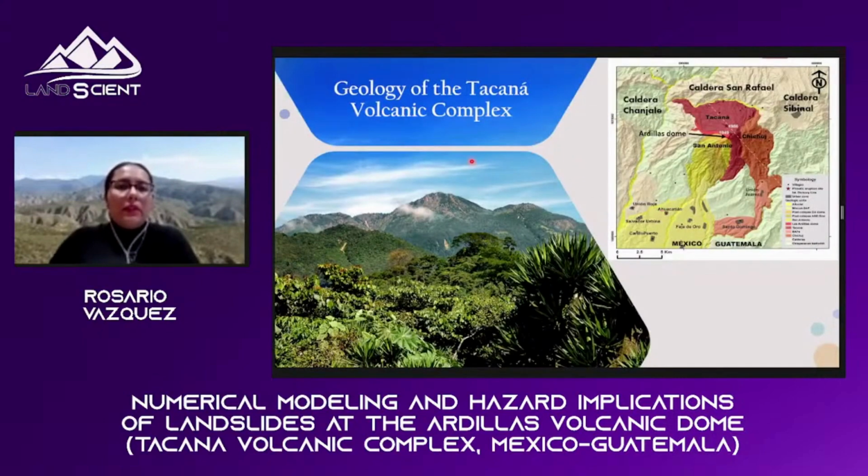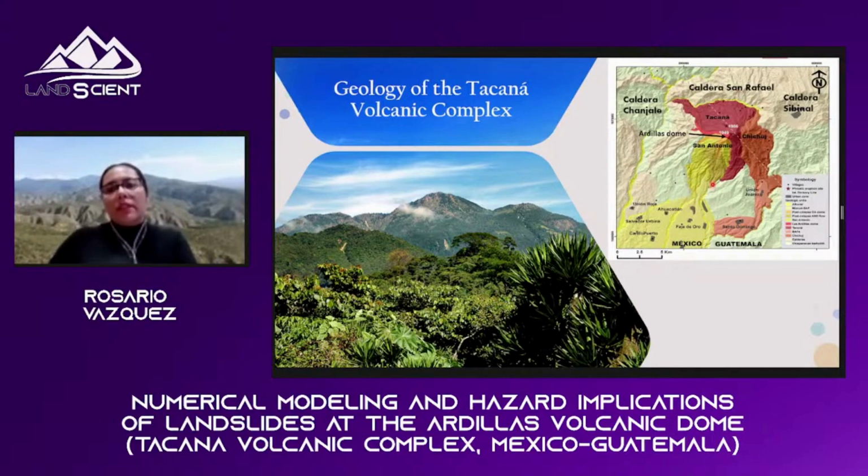And let's talk about the geology of the Tacaná complex. We can see here in this plan view map the general geology of the complex, which is colored in brownish, reddish and yellowish colors.